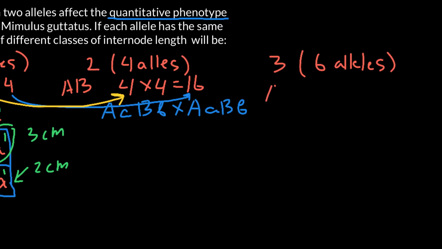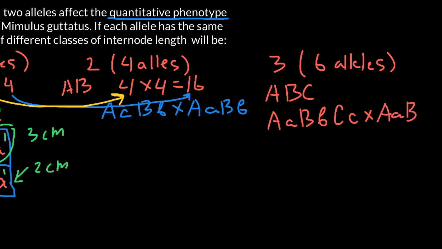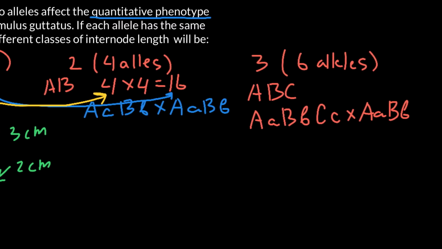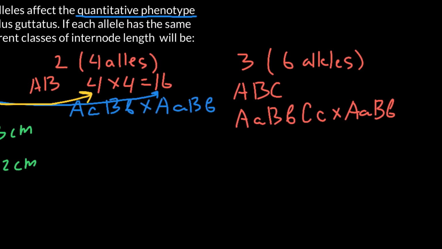Again, this can be genes A, B, and C. If each gene would be represented by 2 alleles, we may have a cross, for example, capital A small a, capital B small b, capital C small c, and if we cross with the same genotype, which we can call a trihybrid cross, so instead of 4 by 4, we are going to get a Punnett square that is going to be 8 by 8, and we are going to get 64 cells.